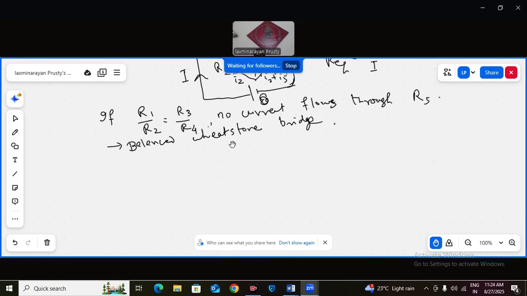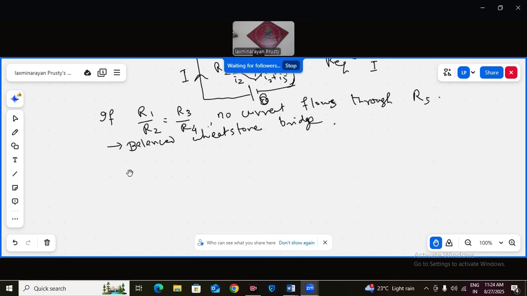But if it is an unbalanced bridge, then we have to solve for the different loops and find I1, I2 and get E by capital I. Is it okay?